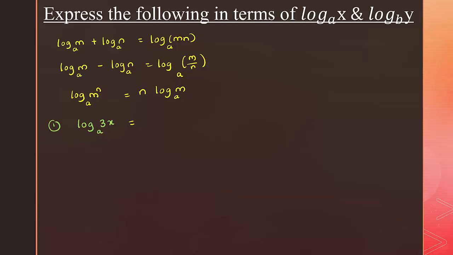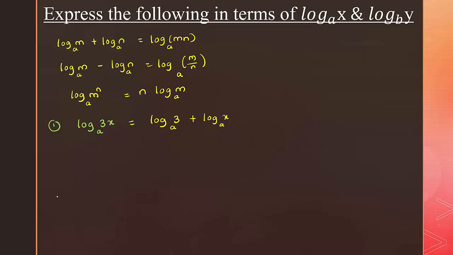We can express it using the additive identity because the base is the same, that is a. So we can write log 3 to the base a, and if it is a product, then we use the additive identity, that is plus log x to the base a. Log 3 to the base a plus log x to the base a.